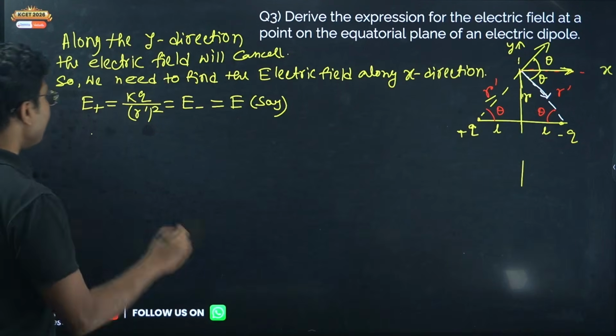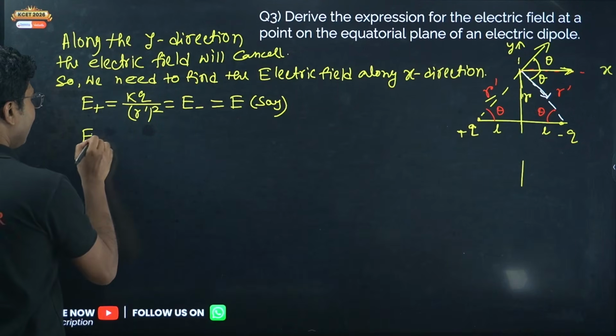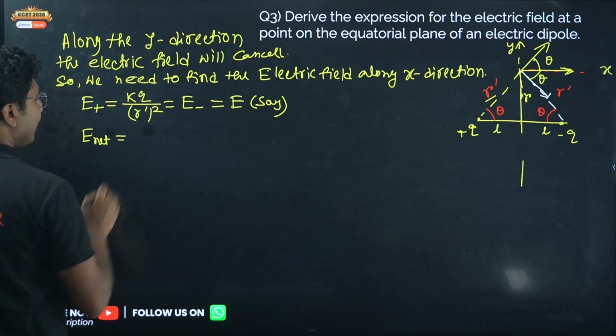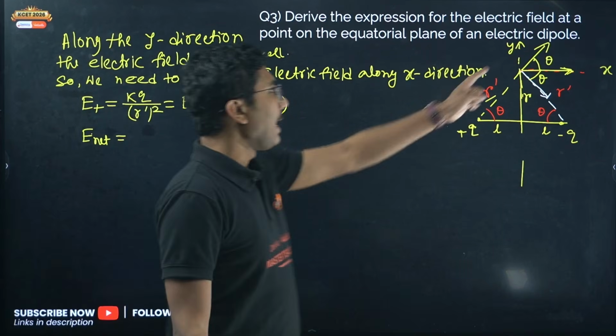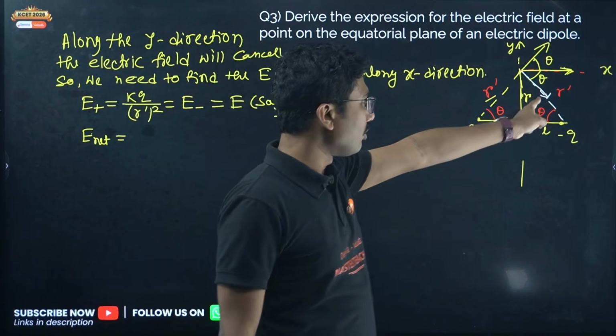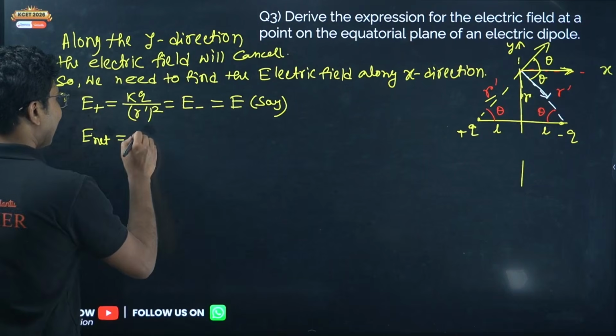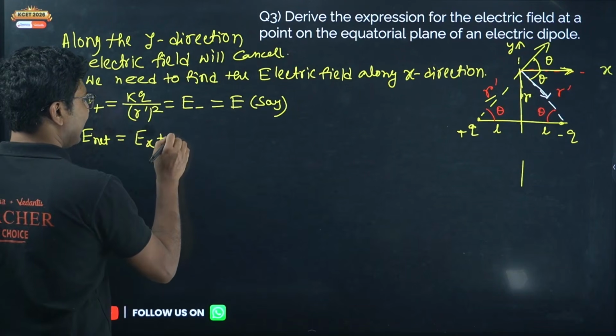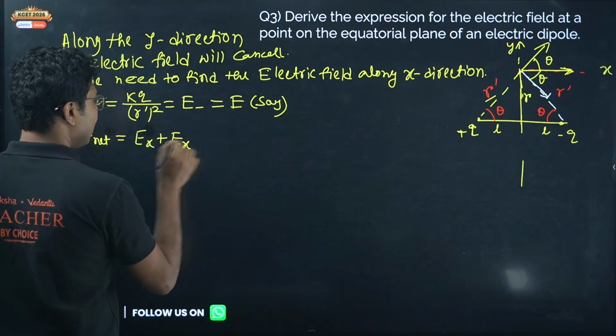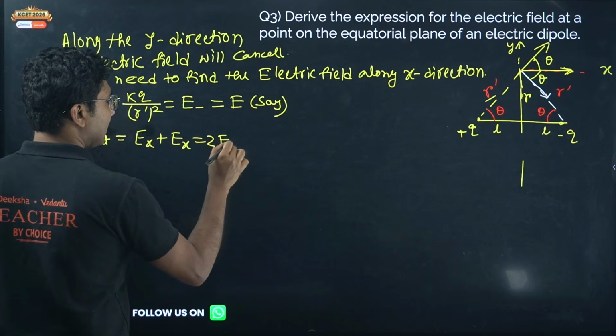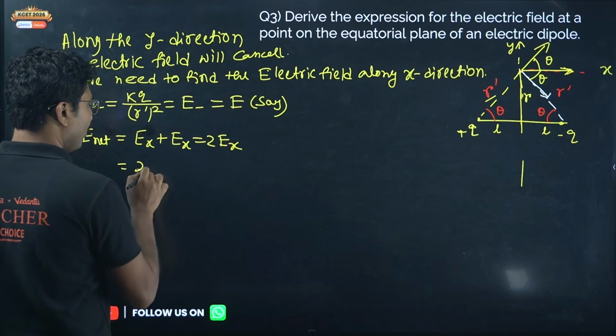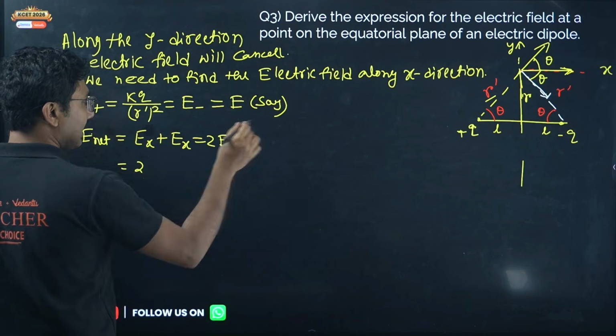Okay, so now we are trying to find the net electric field. Net electric field is basically x component of this and x component of that, so both will be Ex plus Ex, that is 2Ex. Okay, or 2 into Ex. Ex is what?